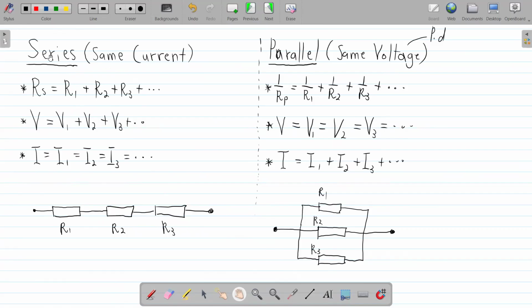So in series, they have the same current. In parallel, they have the same voltage, the same potential difference. Okay.